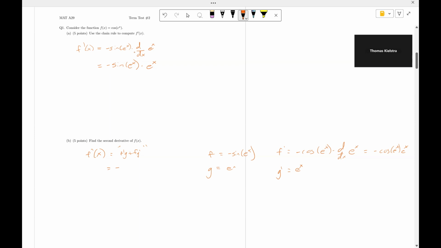So it's minus cos e to the x times e to the x times e to the x plus minus sine e to the x times e to the x. And if we'd like, we can simplify it down. So minus cos e to the x, e to the 2x, minus sine e to the x times e to the x. And we're done.